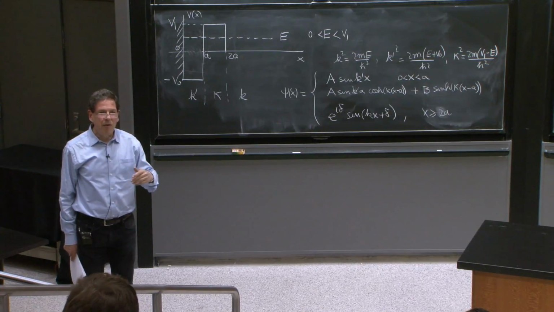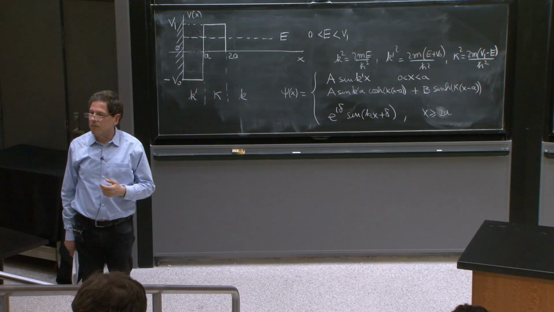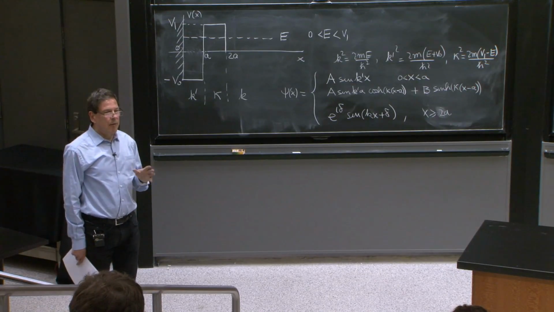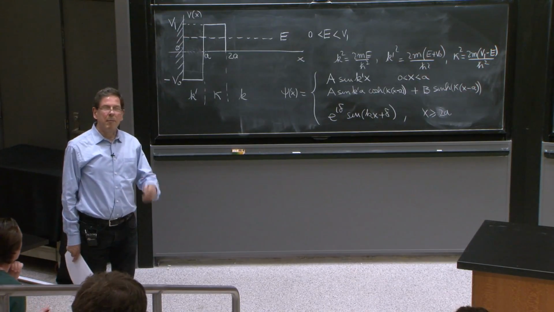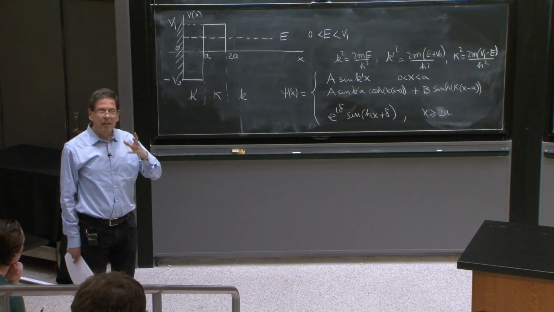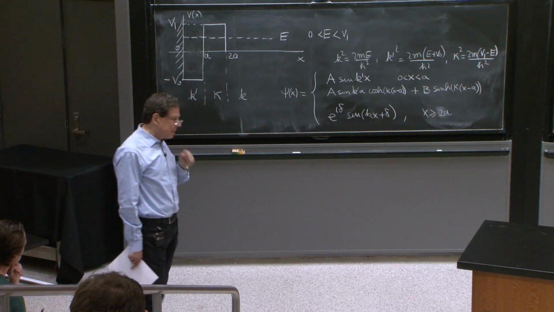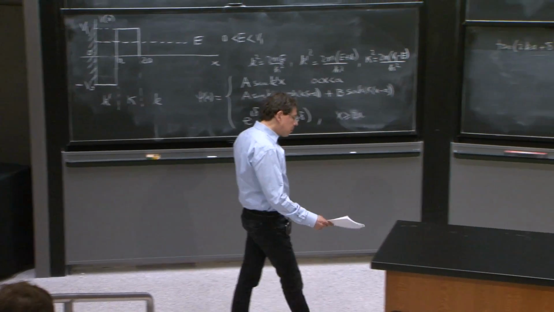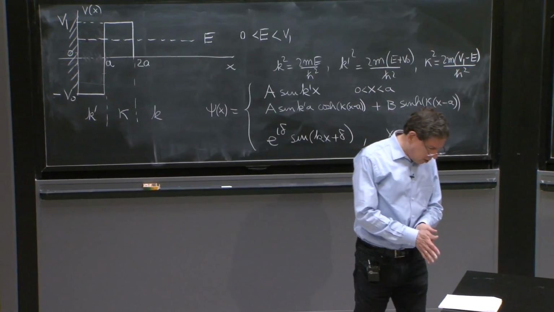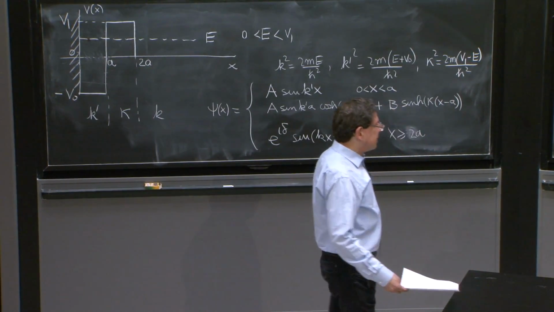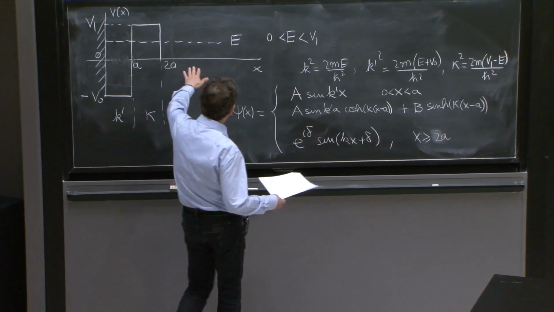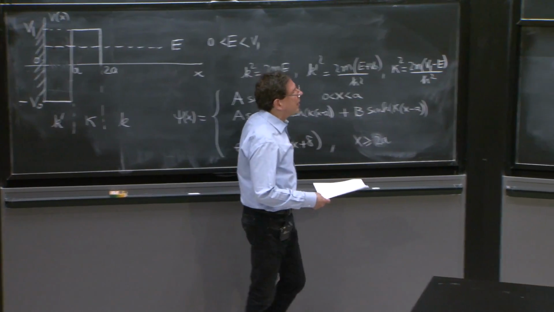A trigonometric function becomes a hyperbolic function. Most of us are rather uncomfortable doing this at the beginning because of the matter of signs. If you mess up a sign, it's a big problem. But at the end of the day, it actually saves a lot of work. So a little of that in the homework you will see. But at any rate, this is valid for E in this range.